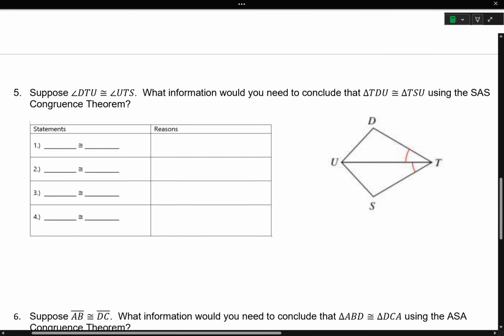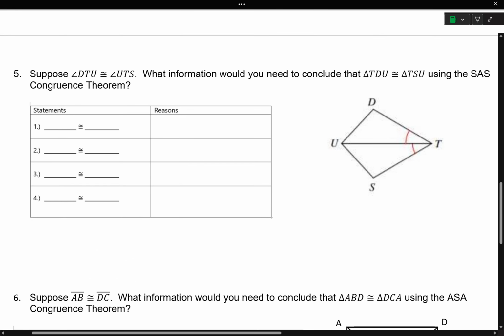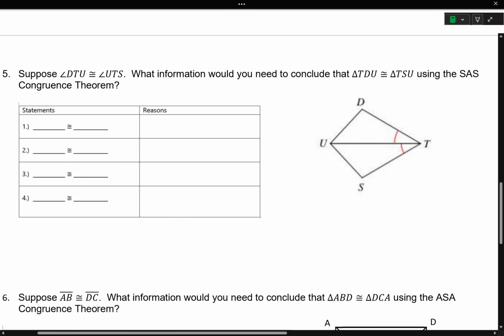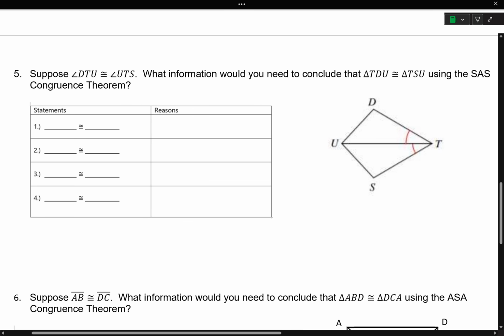Number 5. Suppose angle DTU is congruent to angle UTS. What information can we use to conclude that these triangles are congruent by side angle side? I'm being told they're congruent by side angle side, so I'll write my triangle congruence and we got SAS. What information we need, the reasons, we're going to create some givens.